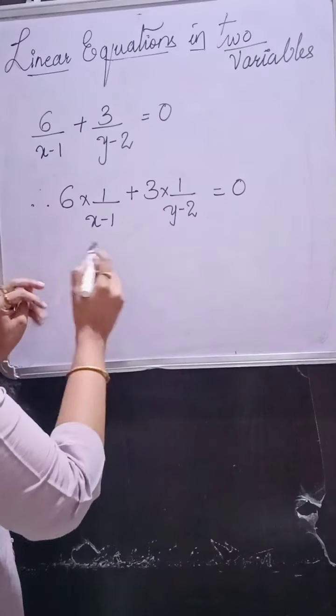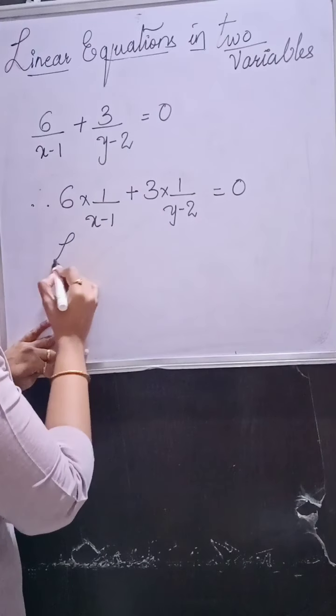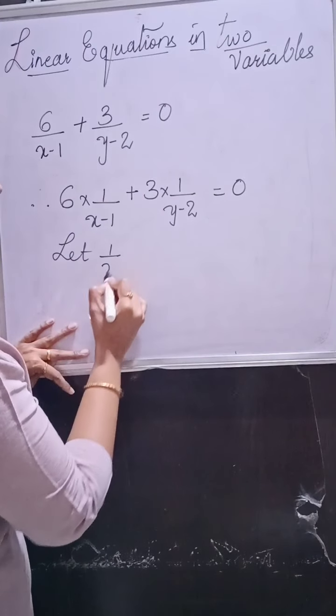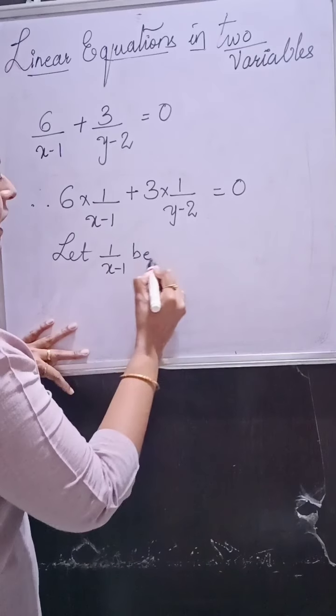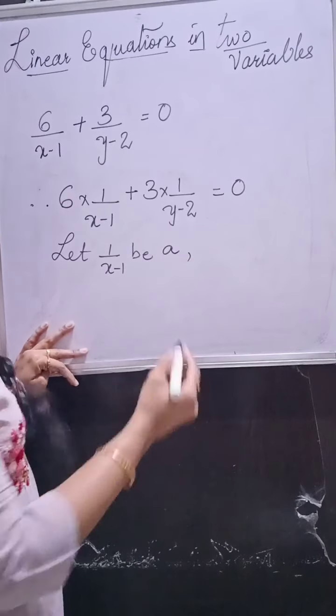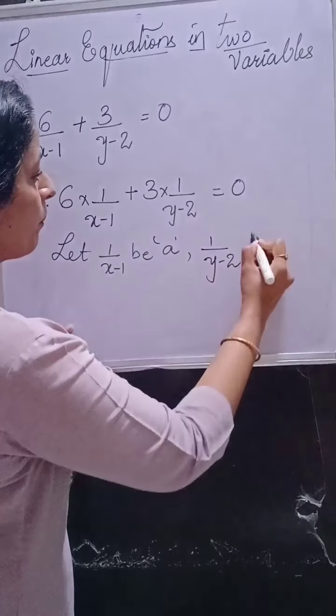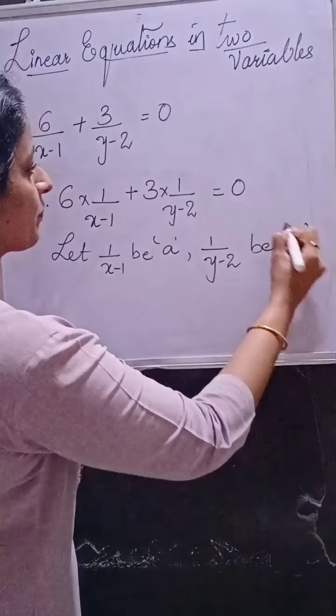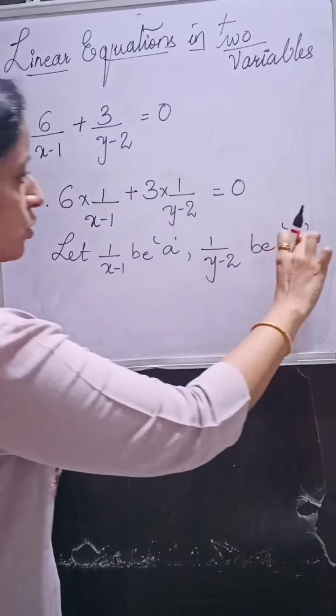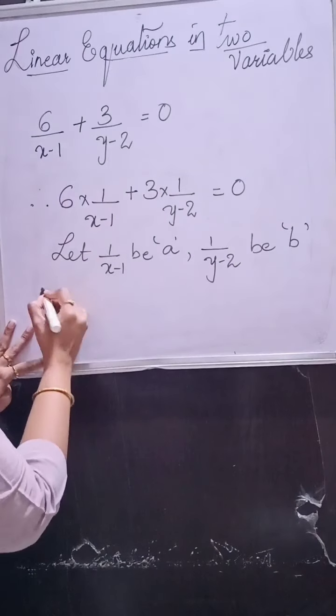We will substitute. Let 1 upon x minus 1 be a, and 1 upon y minus 2 be b. This part will be substituted as b. So how will the equation look?